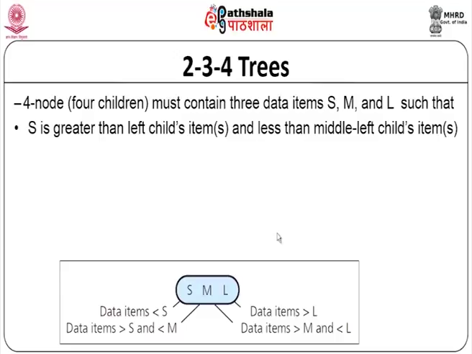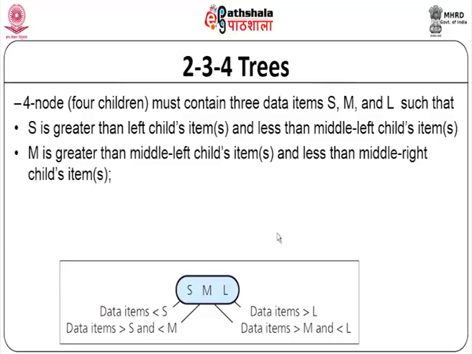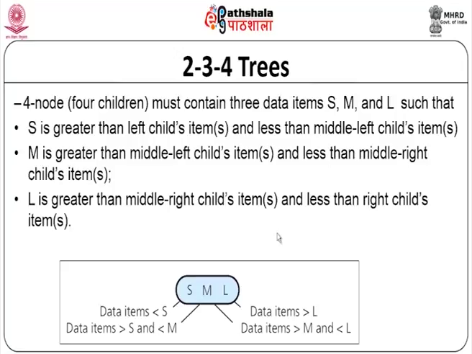So, S is greater than the left child item and less than the middle left child. M is greater than the middle left child and less than the middle right child, and L is greater than the middle right child and less than the right child's item.